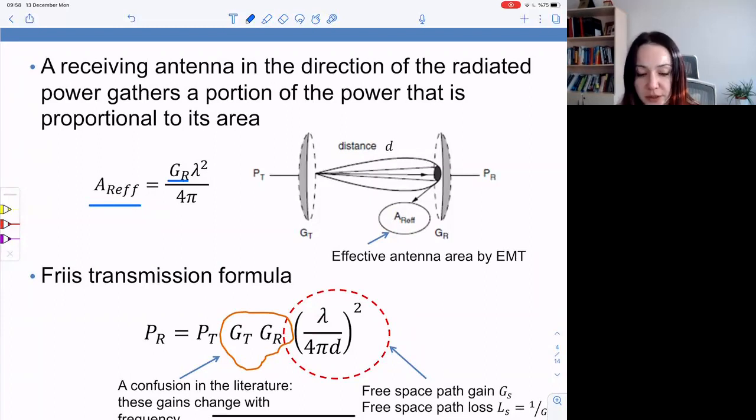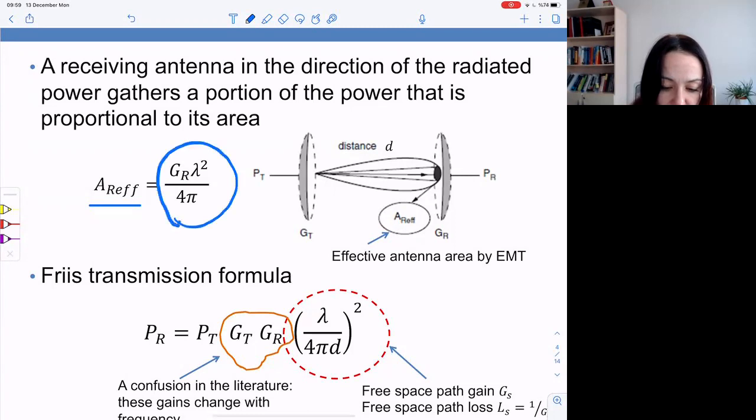The effective area of the receive antenna is directly proportional to the wavelength squared divided by 4 pi. So the effective antenna area is antenna gain multiplied by lambda squared over 4 pi.